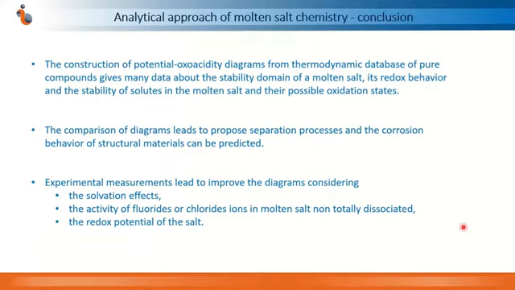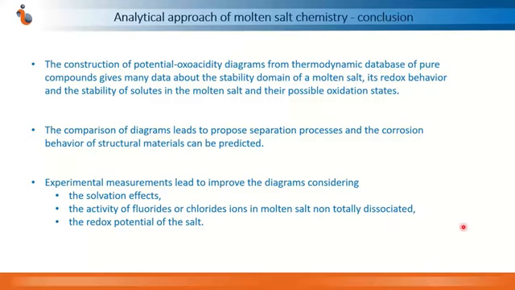The construction of potential oxoacidity diagrams from a thermodynamic database of pure compounds gives many data about the stability domain of a molten salt, its redox behavior. We know what reactions will limit the cathodic and the anodic side and so on, and the stability of solutes in the molten salt and their possible oxidation states.